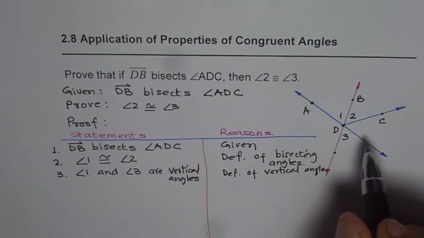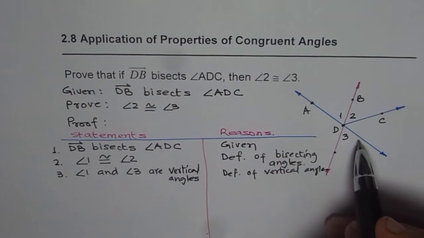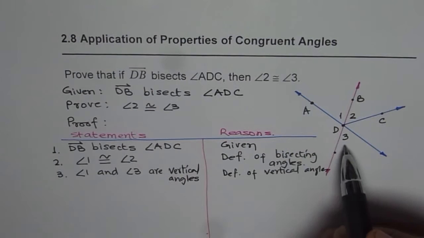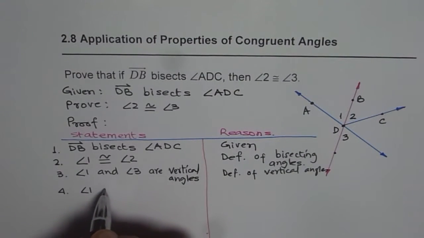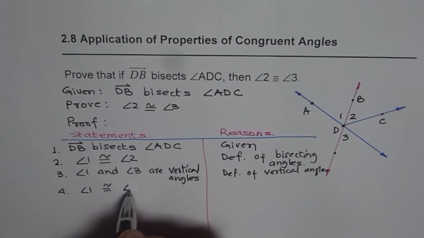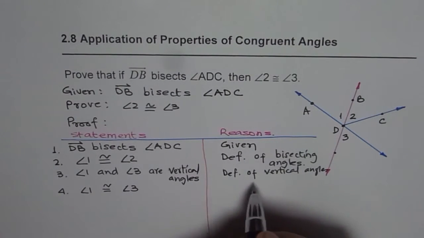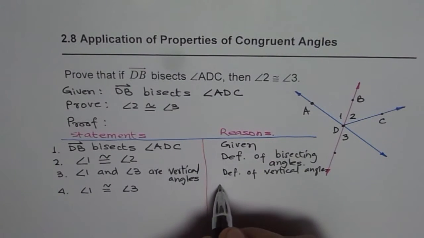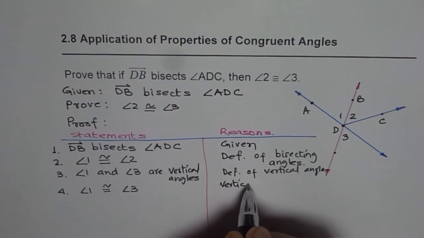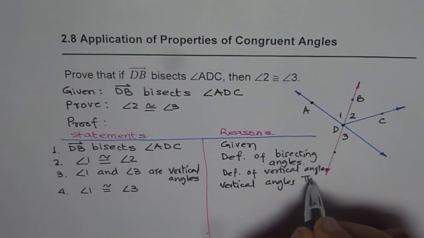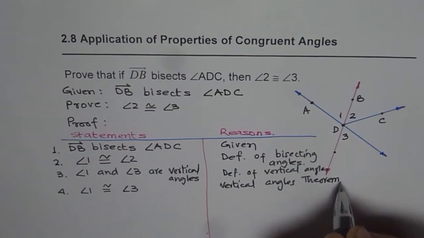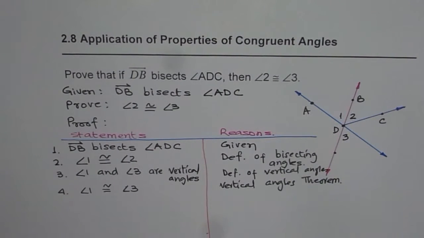The definition is that if there are two intersecting lines, then non-adjacent angles are vertical, correct? So these two are vertical angles. And as you know, the vertical angles are congruent. So angle 1 is actually congruent to angle 3. That is the property or a theorem on vertical angles. They are always congruent, right?